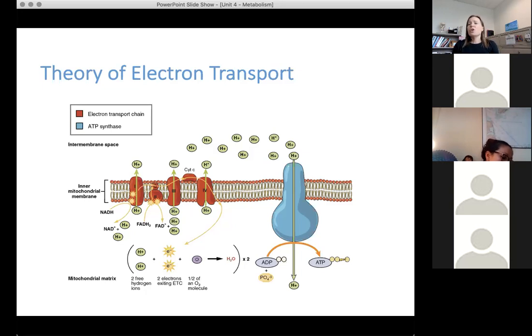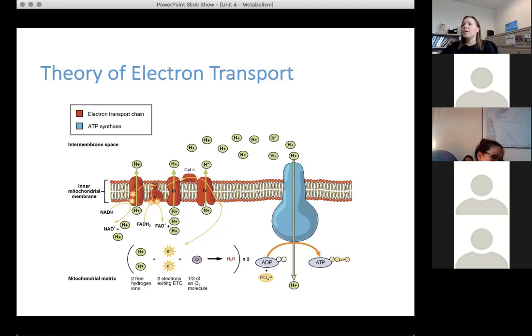Okay, so the process of the electron transport chain is now you have all of the reduced coenzymes that came out of the first 3 steps of this process. They all enter the mitochondria if they weren't already in there. There are 10 total NADH plus H molecules that were reduced, and 2 FADH2 molecules.